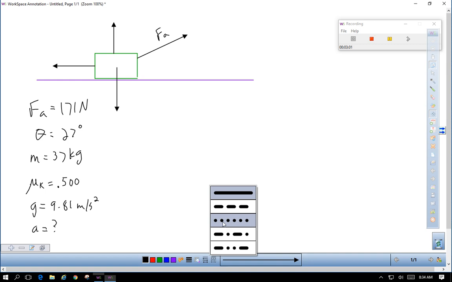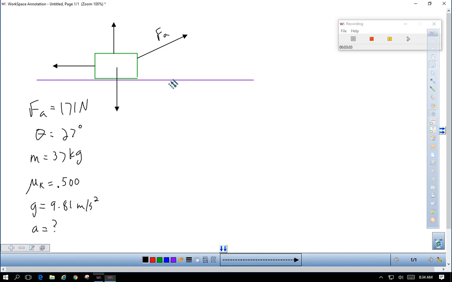And our applied force is angled, which means I'm going to go ahead and break that into components. And so that would be FAX and FAY. There we go, FAX and FAY.